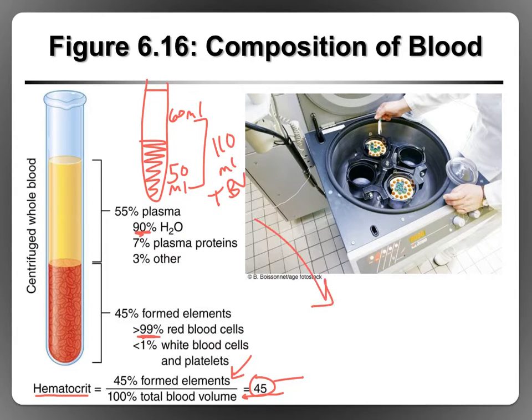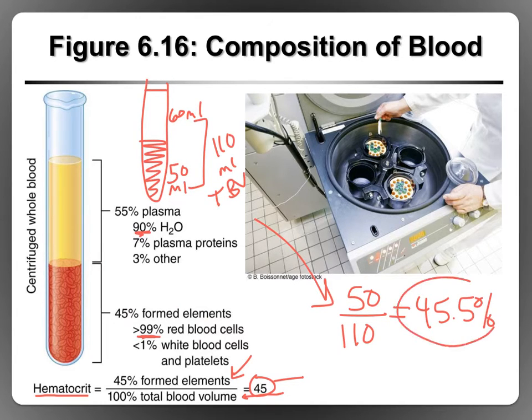So to calculate hematocrit, you would take those formed elements, you divide it by the total blood volume, and in this situation, we would get a hematocrit of 45.5%. And hematocrit gives us a good indication of the thickness of your blood, because if the formed elements are a greater percentage of your total blood volume, your blood is going to be thicker and more viscous. So the higher the formed elements, the higher the hematocrit.